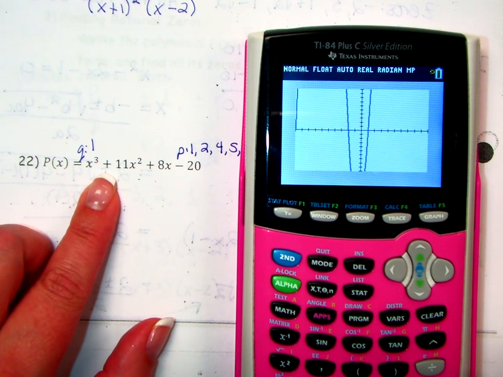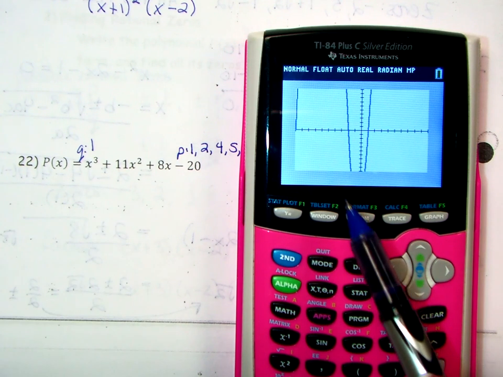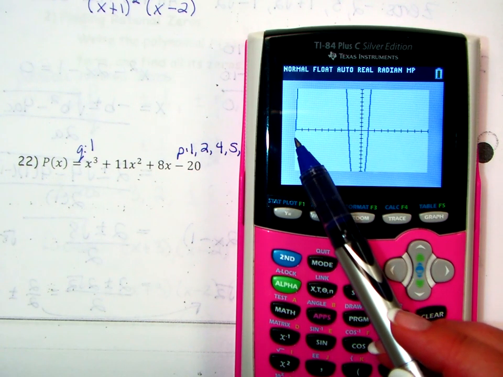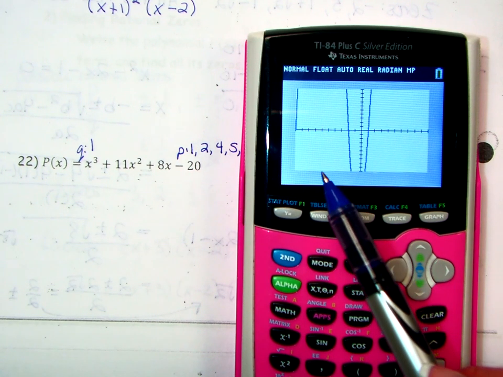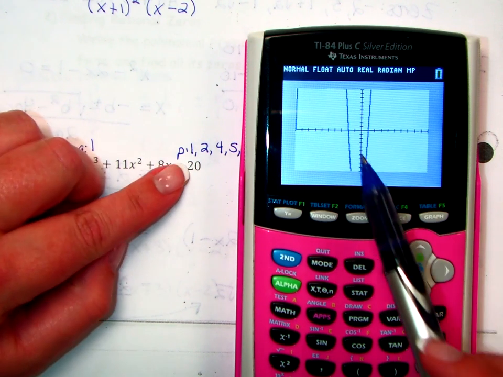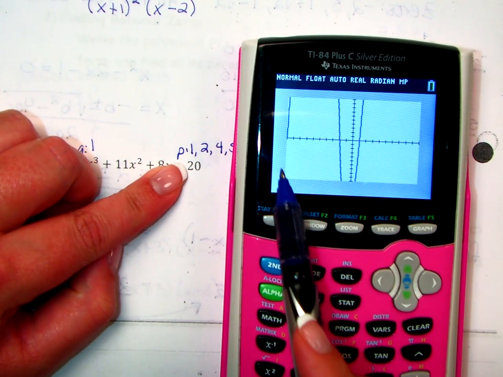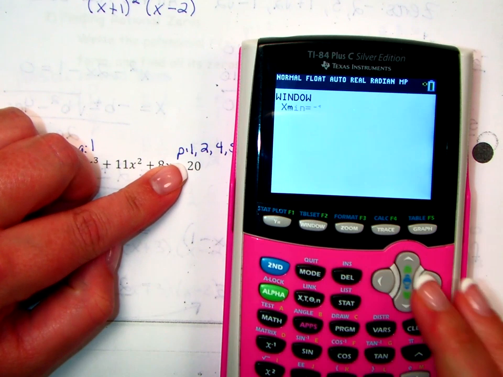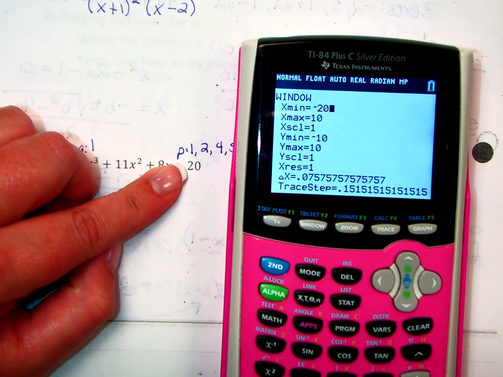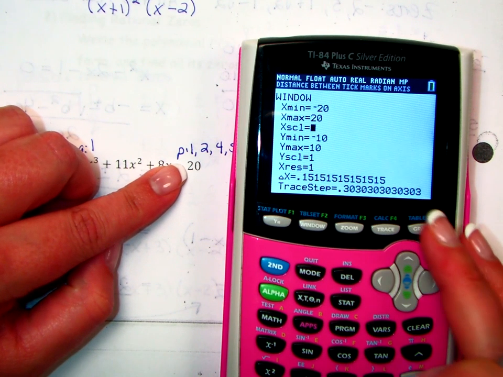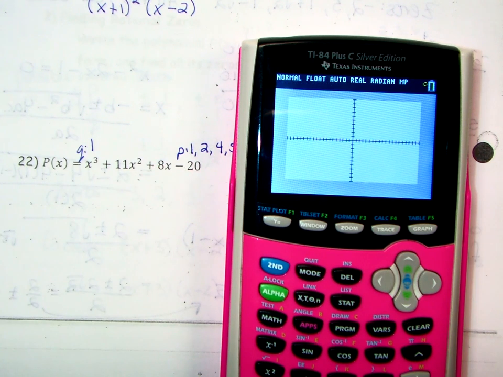Okay, so if you're using the meta calculator, this example shouldn't be hard either. Oh, okay. Oh, it looks like there was a 0 way over here. Because the p-values are 20, I might have to widen this screen out. So let me go to the window. I'm going to go negative 20 to 20 and see if that's better.